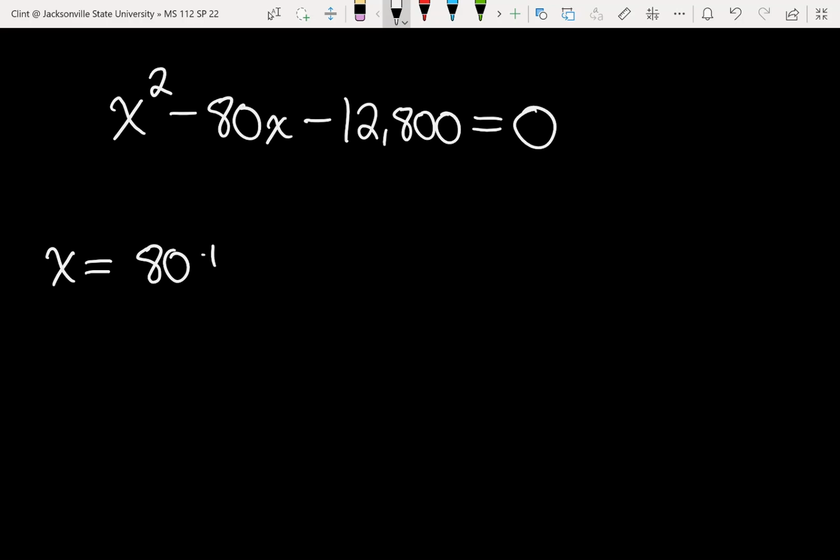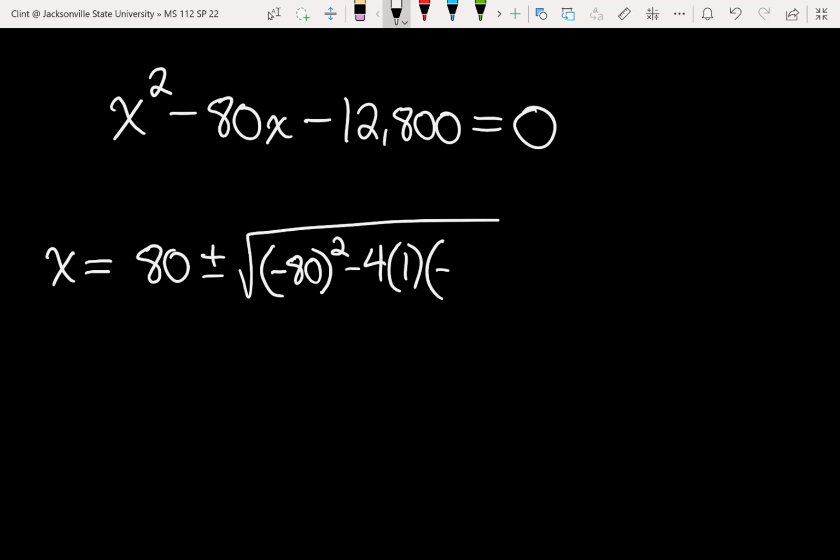So opposite of b plus or minus the square root of b squared minus 4 times a times big ugly c, all over 2a.